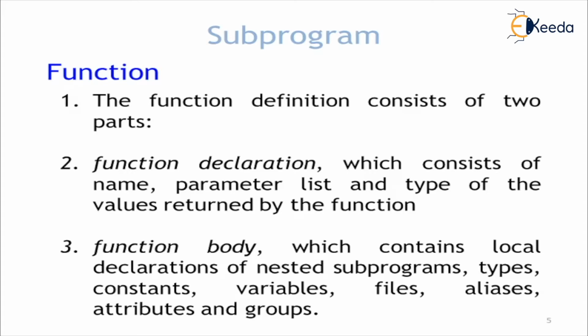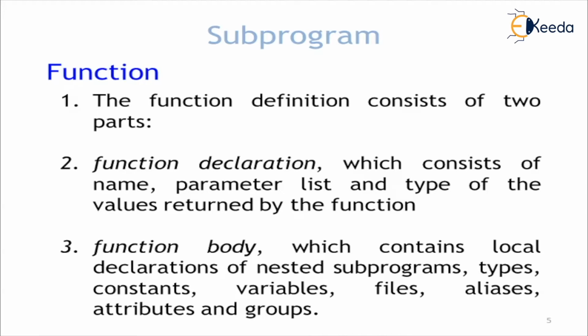The function definition consists of two parts. Function definition is divided into two sections: one is the function declaration part and the other is the function body. So what does the function declaration contain? It contains the name of the function, the parameter list, and the data type of the return value. What does the function body contain?